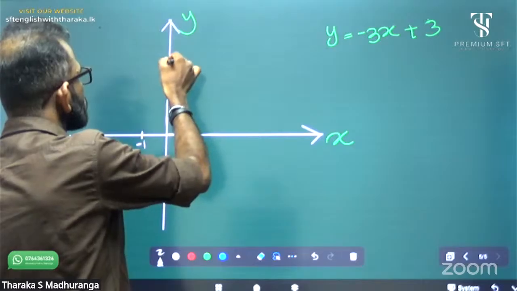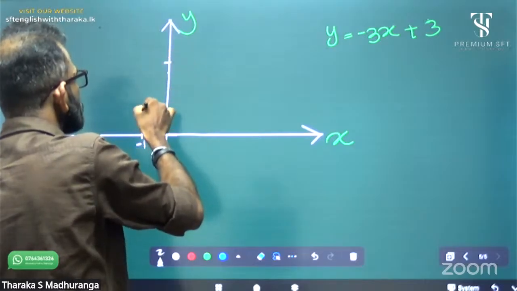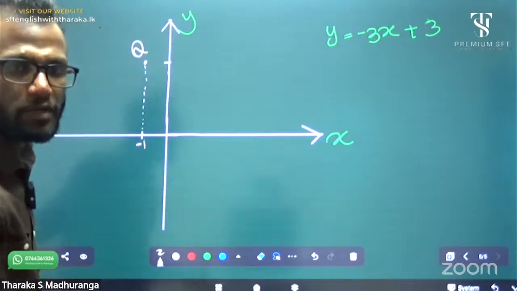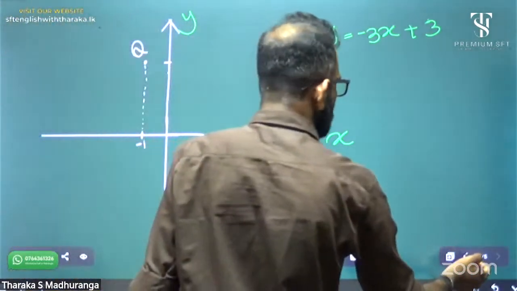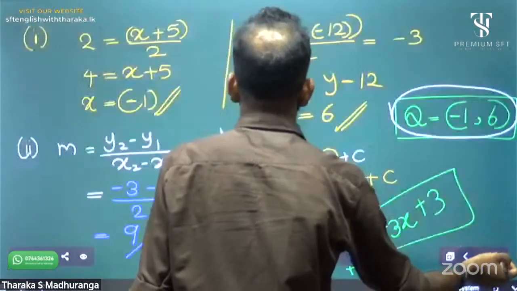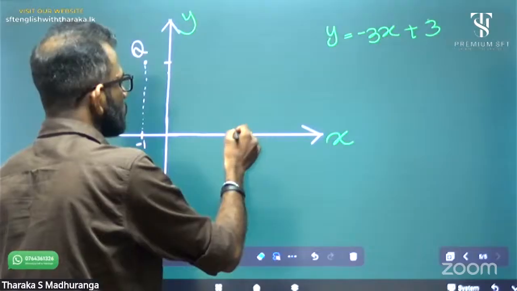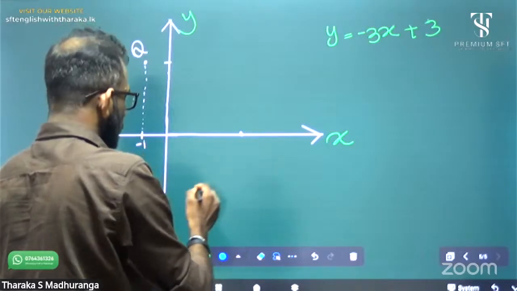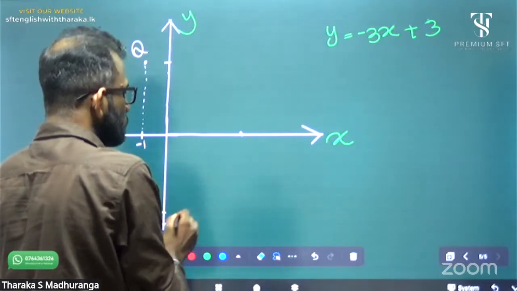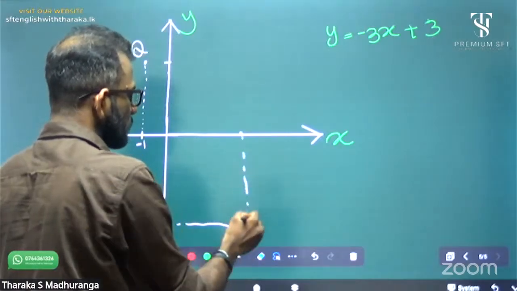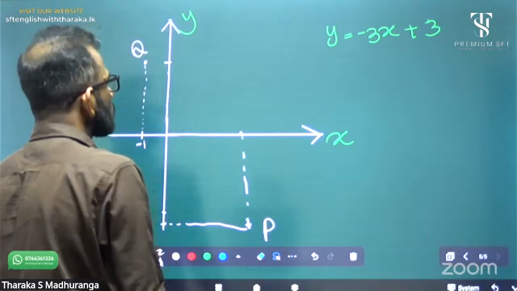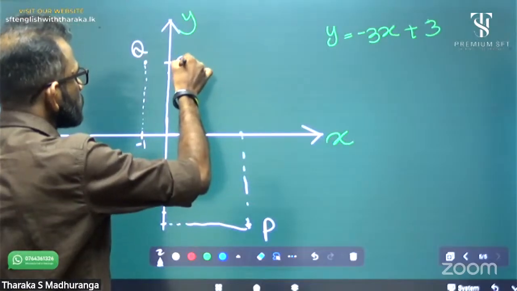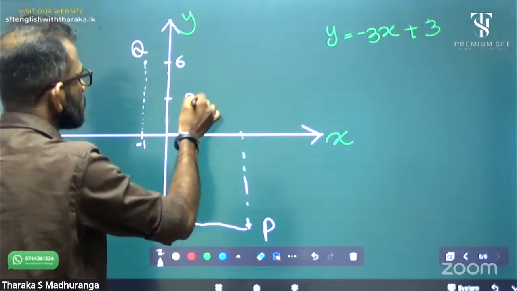This is the Q point, which is 5 and minus 12.